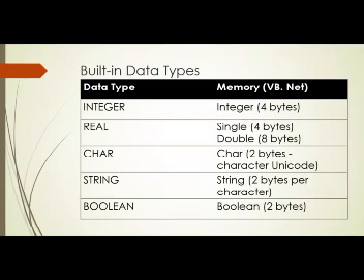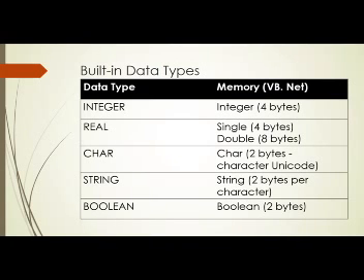For example, your integer is 4 bytes. Your real, if you choose single, would be 4 bytes, and double would be 8 bytes. Your character will occupy 2 bytes. A string gives 2 bytes to each character, and the length of the string keeps increasing as its size increases. If you are entering a 3-character name, it will consume 6 bytes.